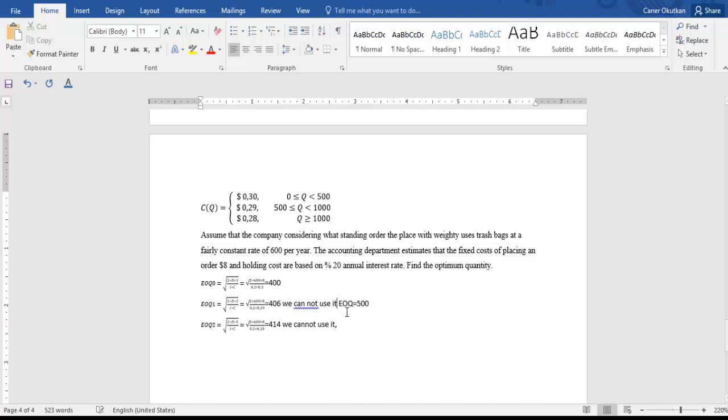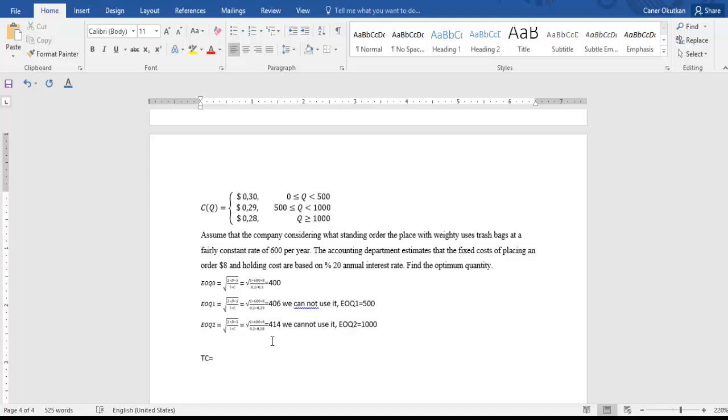So economic order quantity equals 1000. So for 0.30 first point 500 and for second point 1000 order quantity. So which is the best solution to estimate total cost? We write total cost formula.